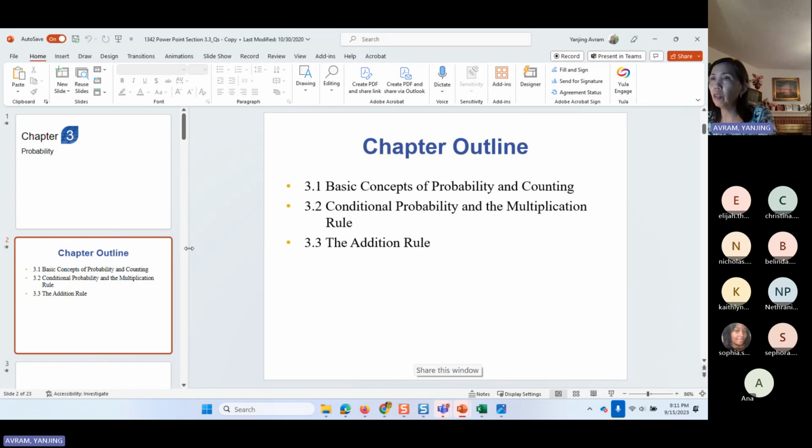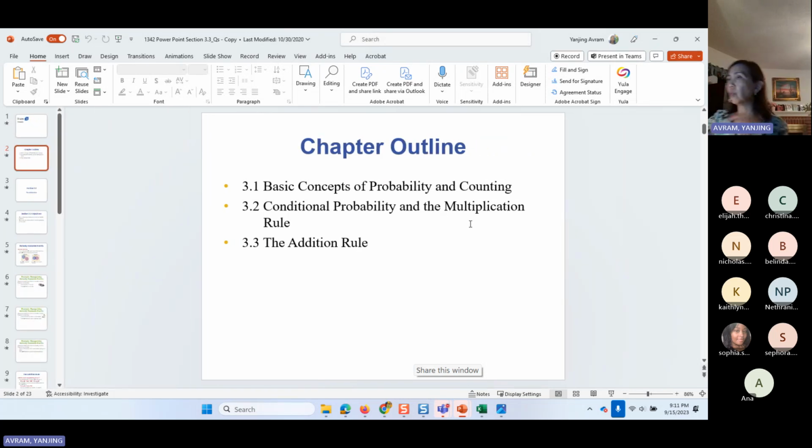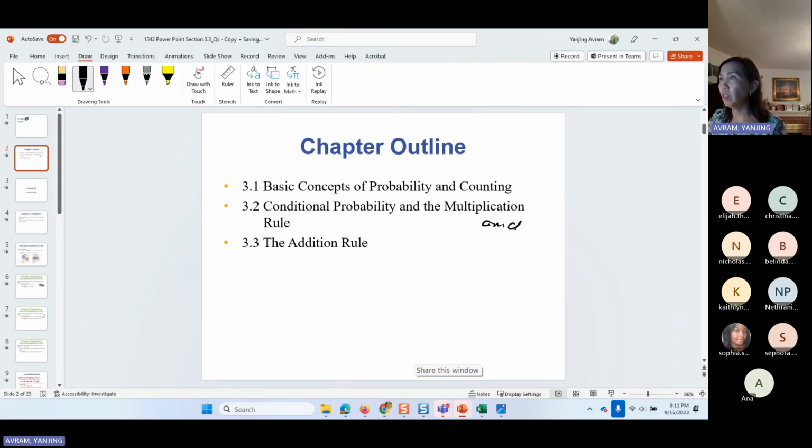As we said earlier, multiplication is when you see "and." The probability of A and B is the probability of A times the probability of B. If this is dependent, you have to use the probability of B given A has already happened. If this is independent, you just use the probability of A times the probability of B, because for independent events the probability of B given A is just equal to the probability of B.